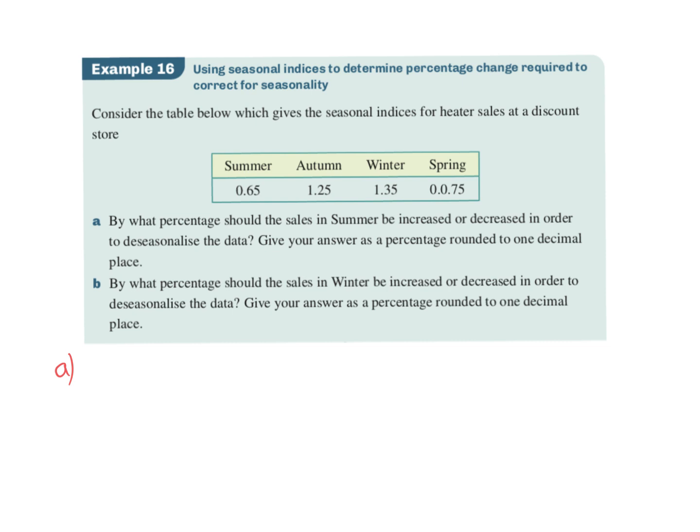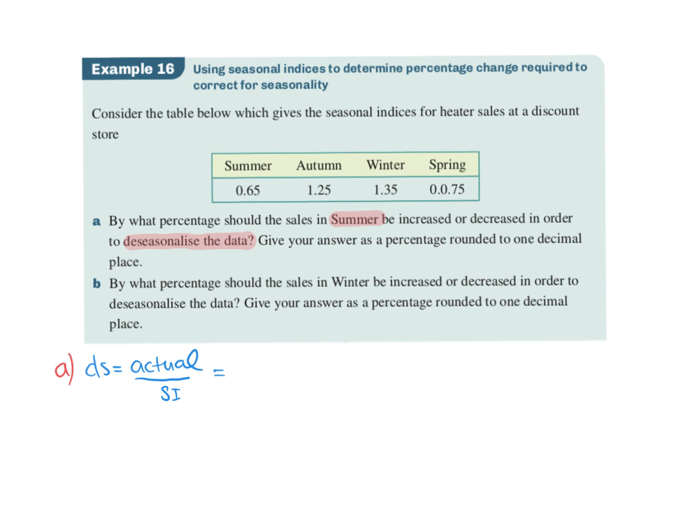We want to see how the number changes when we deseasonalize the data for summer. If we write the formula, deseasonalize would be actual divided by seasonal index. We don't actually have an actual, but they're just asking me how it would change, and they want me to talk in a percentage.